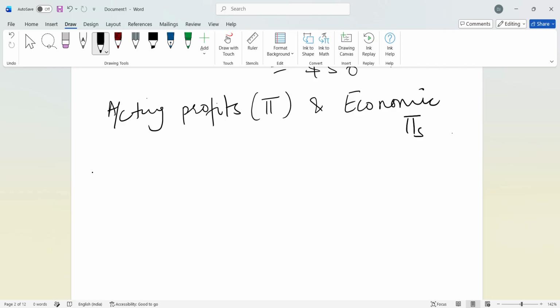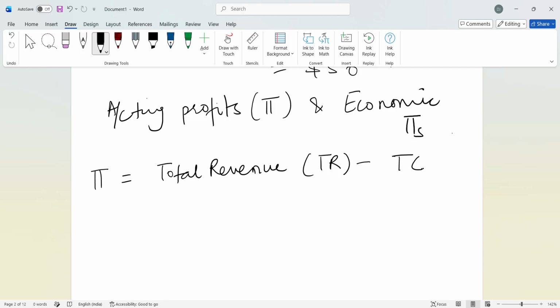Okay, let's start with this first. What do you understand by profit? Pi is the symbol for profit that I use. How do you calculate profits? Very simple. Your total revenue, that's TR. So remember these short forms, they are extensively used even in books, and I'll be using these in my further videos as well. So TR minus your TC, total cost. TC stands for nothing else but total costs.